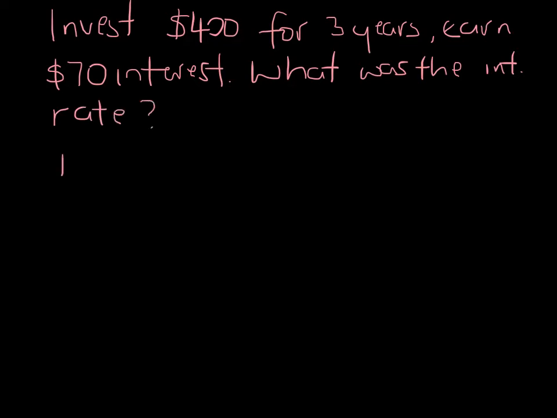So we know that P is 400. We know that T is 3 years, and we know that I is $70.